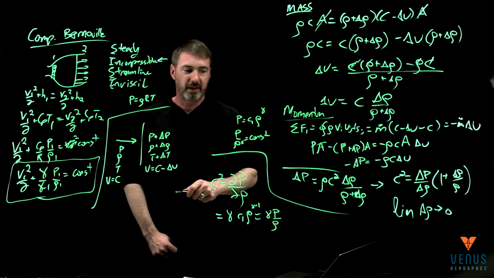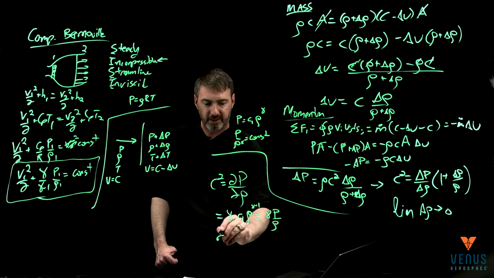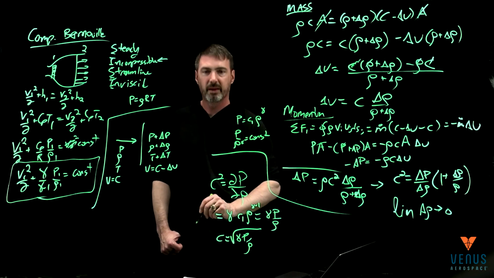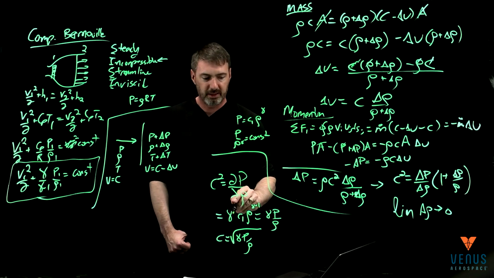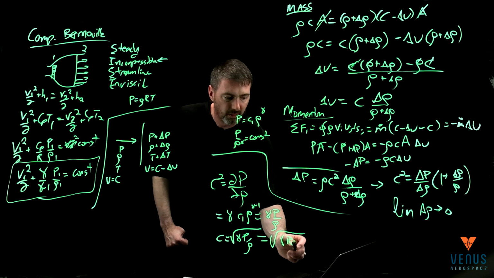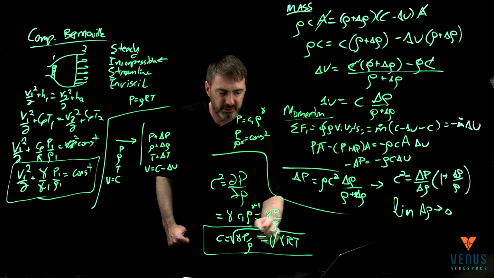And so that's the form that you end up seeing, that C is equal to the square root of gamma P over rho. And then you can put the ideal gas formula back in. That's also the same as the square root of gamma RT. And so that's the definition of speed of sound.